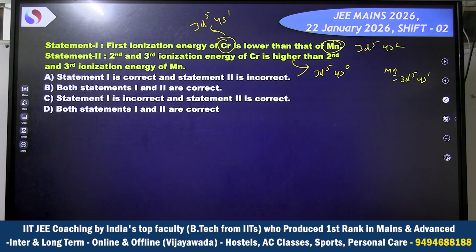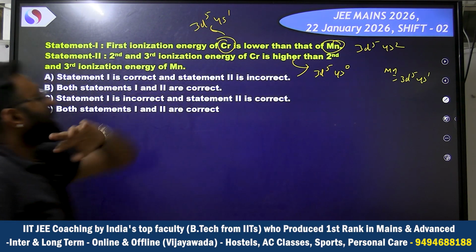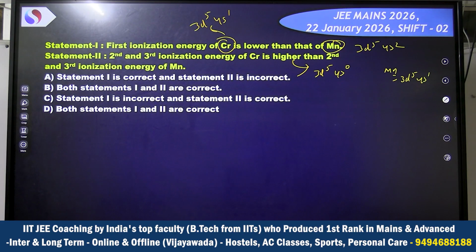So statement 2: second and third ionization energy of Cr is higher than second and third ionization energy of Mn. If you want to remove an electron from Mn, it is comparatively easier. Correct?